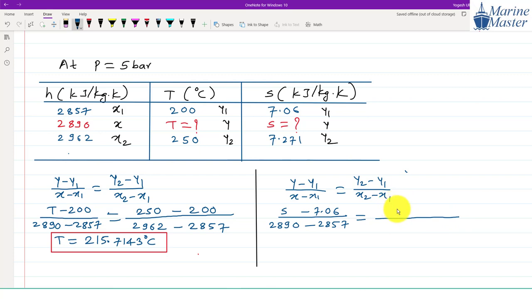is equal to Y2, 7.271, minus 7.06, divided by 2962 minus 2857. Do the calculation and tell me the value of entropy, guys.